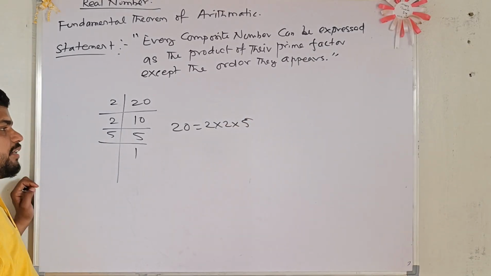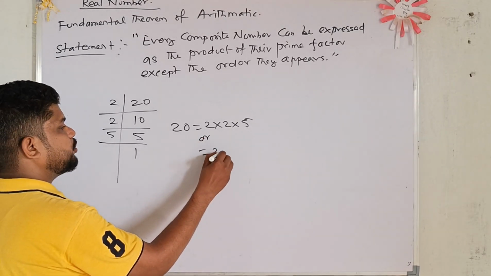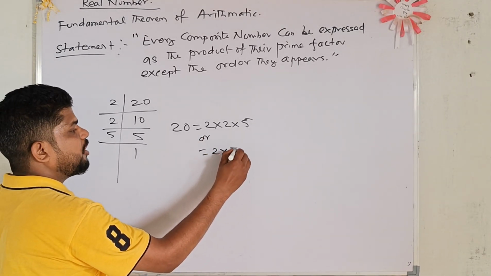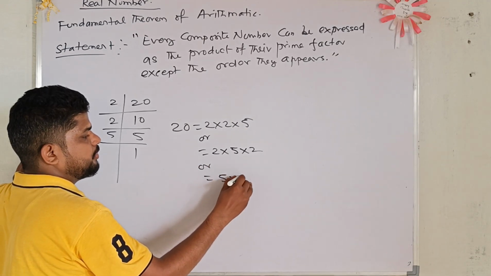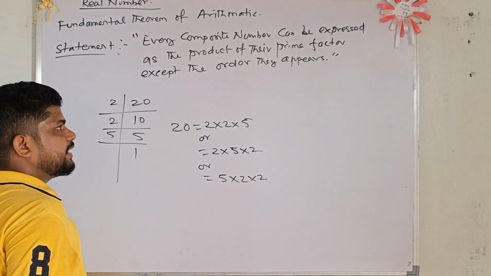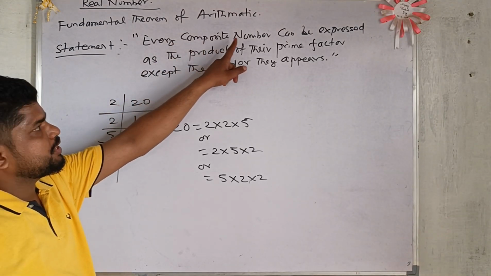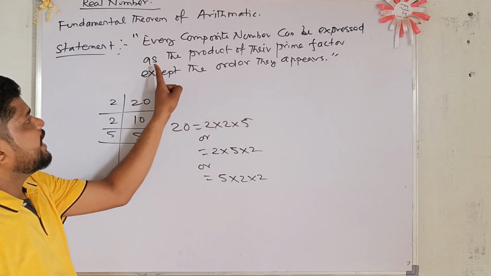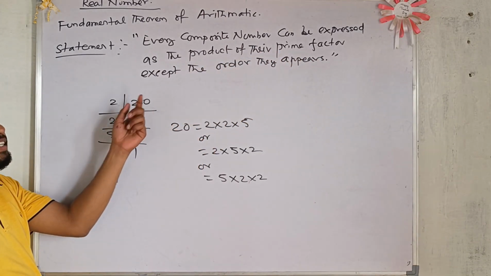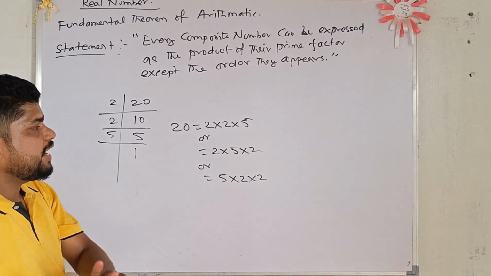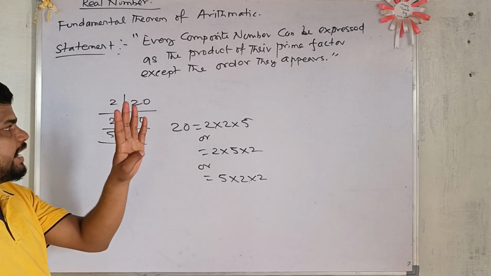But we can write this also as 2 into 5 into 2 or 5 into 2 into 2. Now try to understand the statement that every composite number can be expressed as the product of its prime factors. Here 20 is a composite number. Why? Because it has more than 2 factors: 1, 2, 5 and 20 itself.